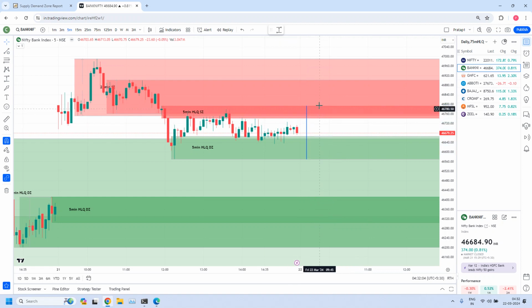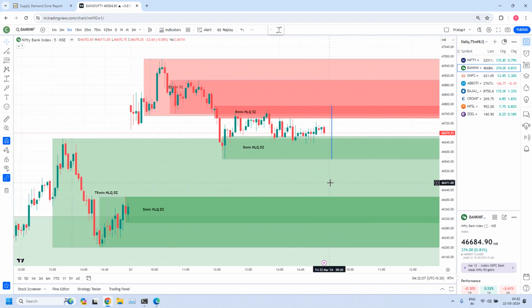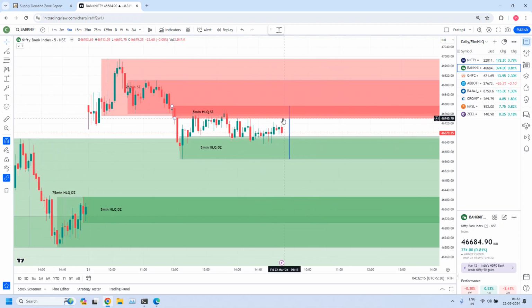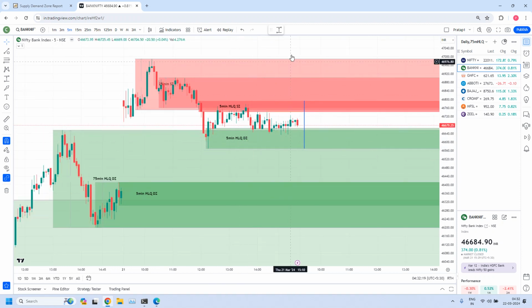Best case scenario, one of these levels has to be violated. Suppose this demand is violated. This 5 minutes high liquidity demand is violated because let us assume tomorrow bears are aggressive. Then you will get a new range like this.